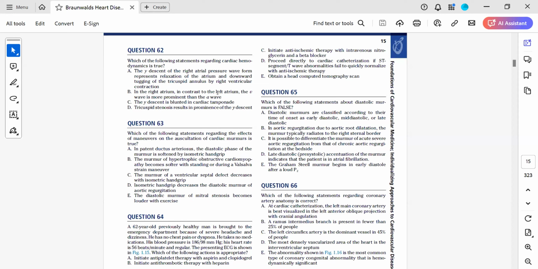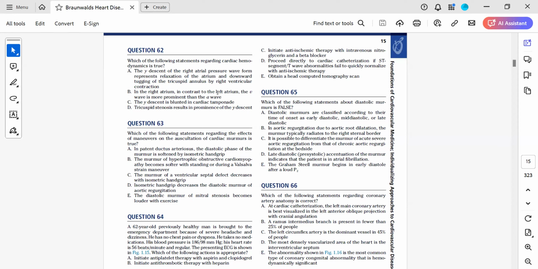Okay, so I'll just quickly read through the answer. The right atrial pressure waveform contains three upward deflections, including A, C, and V, and two downward deflections, the X and Y descents. The A wave represents atrial systole and occurs after the P wave on the ECG.